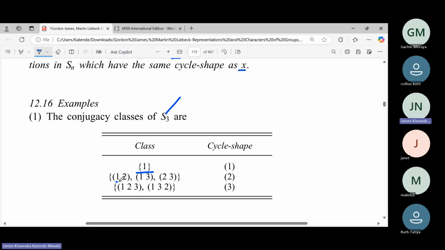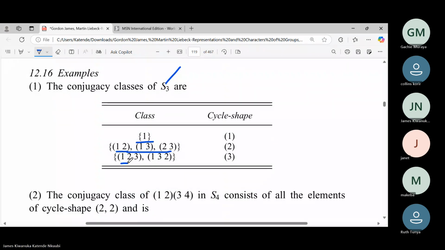So all the cycles of length 2 will form a conjugacy class, and then the other cycles are of length 3. These are all the cycles of length 3. So we end up with 3 conjugacy classes of S3.